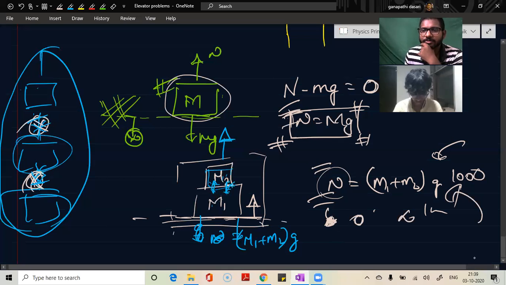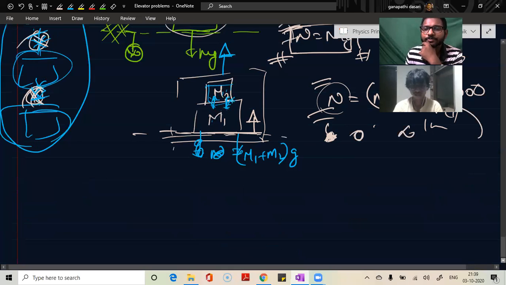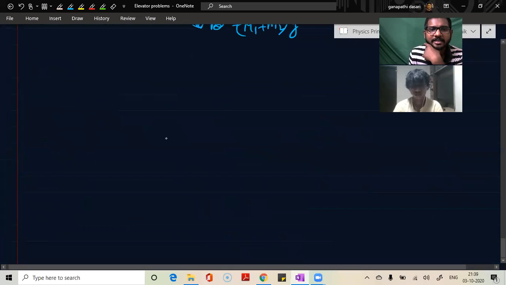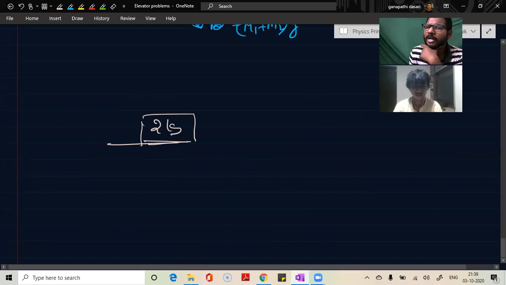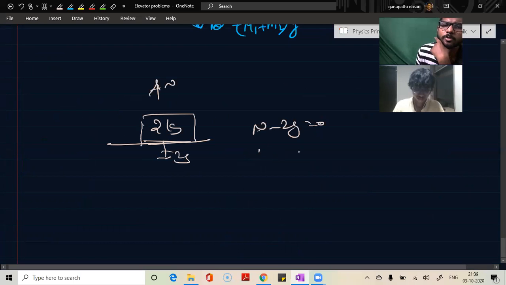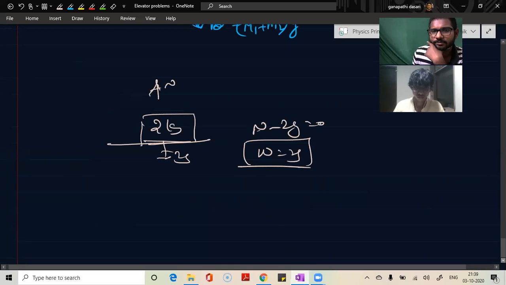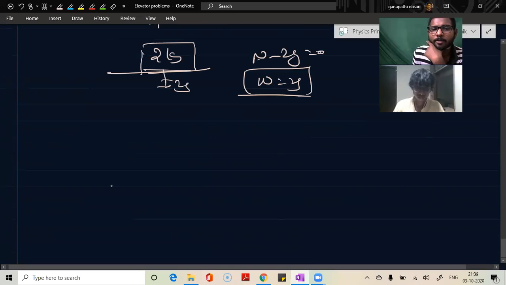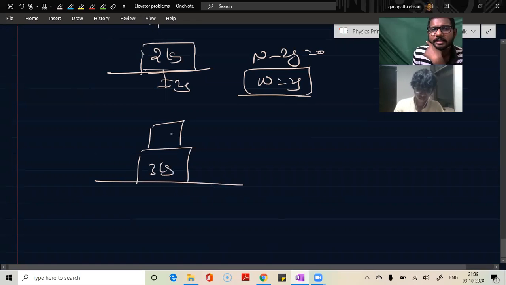Now, the point is how to write this. I'll take a simple block system, 2 kg. This is 2g downwards, upwards is normal, N minus 2g is equal to 0, N is equal to 2g. You got it, simple case. Now I'll give you a problem wherein there are 3 kg and 2 kg blocks.